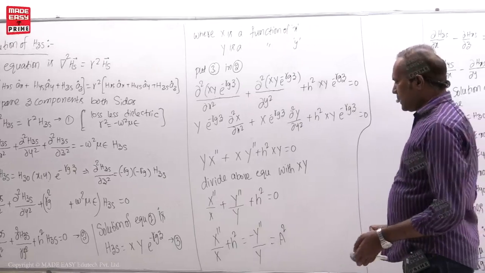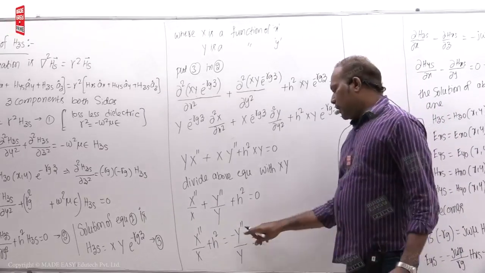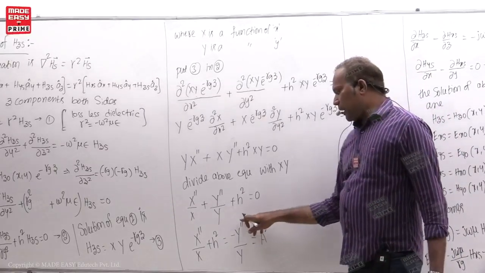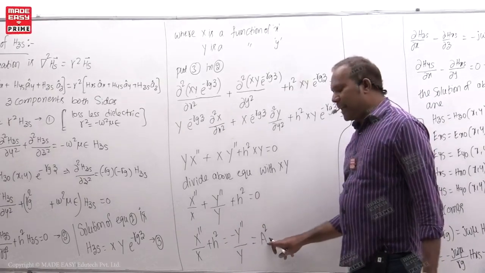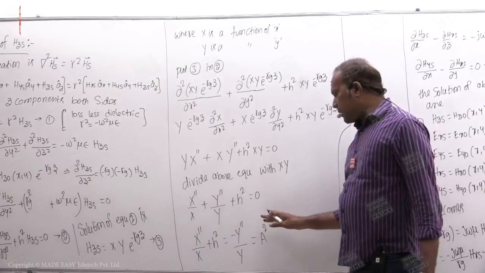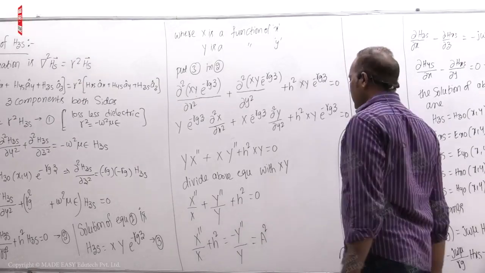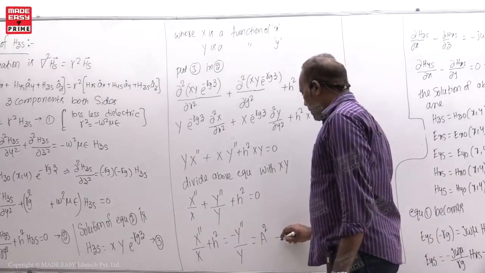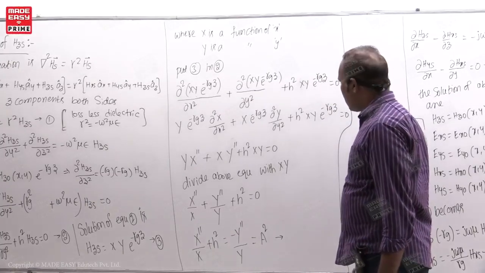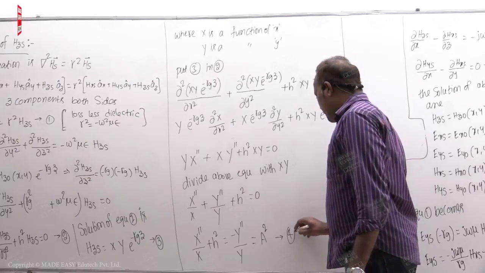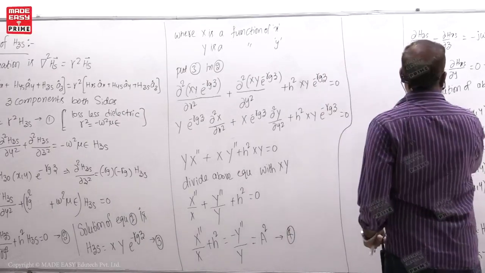Because if you differentiate once you get one constant, for a second differentiation you get a second constant, so that is why a is a constant. Constant square is taken here like that. So let us say this is equation number 3, 4.